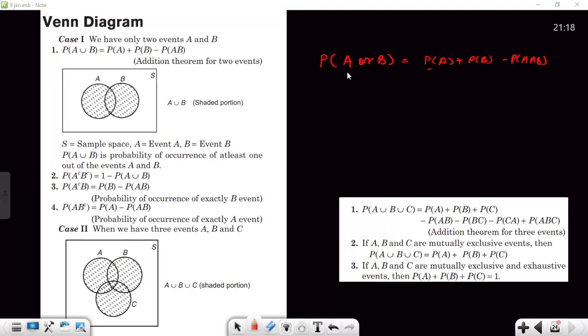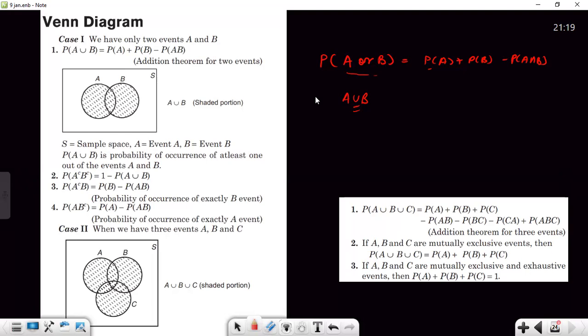We are discussing A union B. It doesn't matter whether it's in the A set or B set, but it just has to be there. We just have to find the probability of occurrence of event A or occurrence of event B.